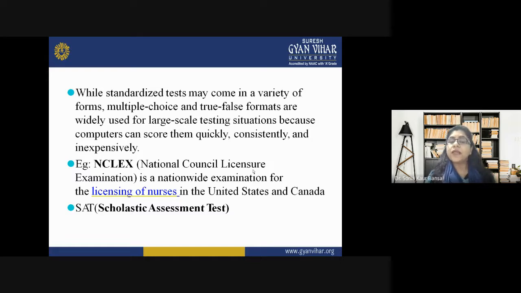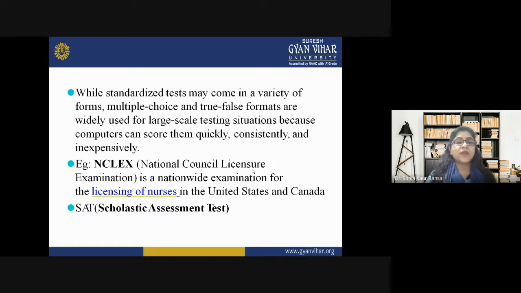When you have multiple choice questions in your standardized test, the correct options are already fed and saved in the computer. On the basis of the responses the respondents have given, the calculation of marks is done with just one click, and it saves the researcher's time also.